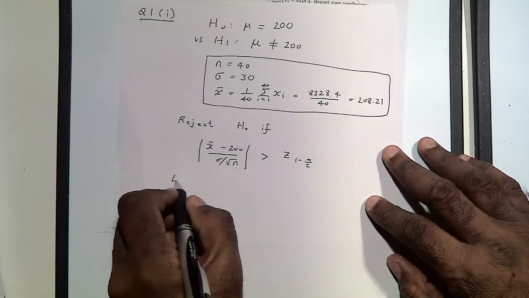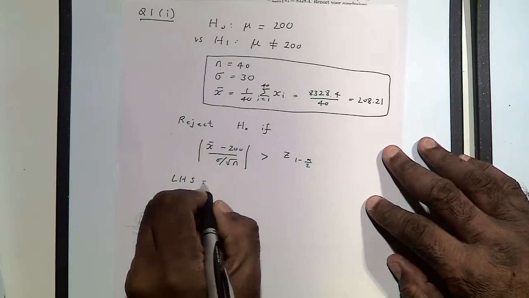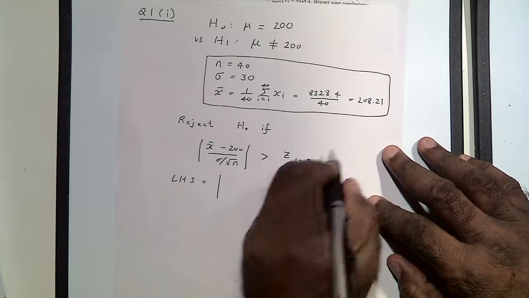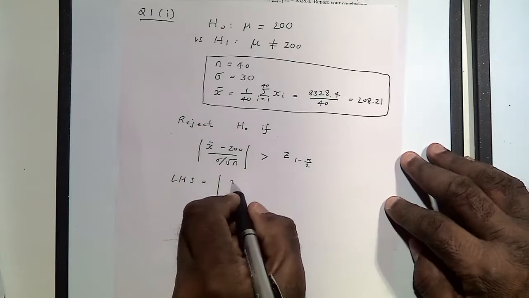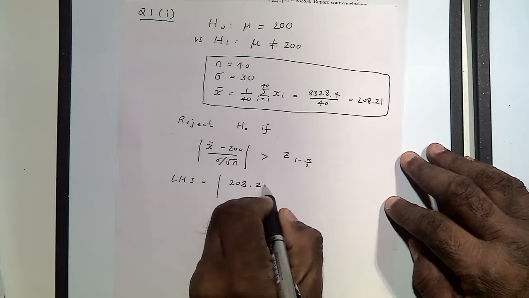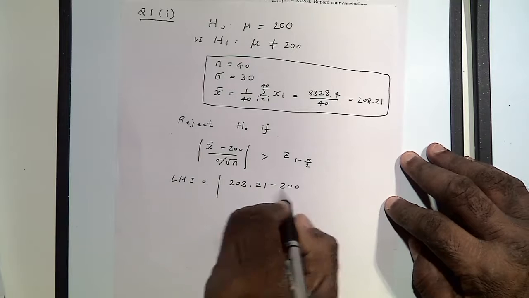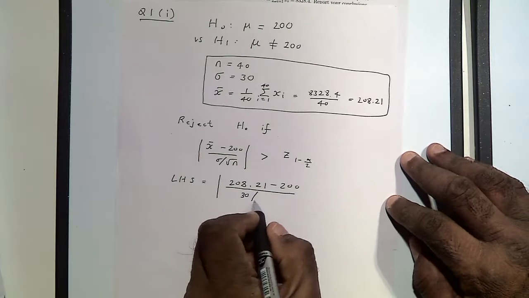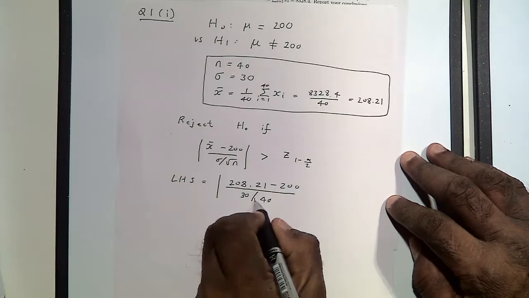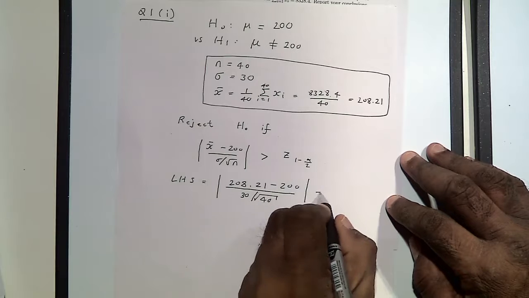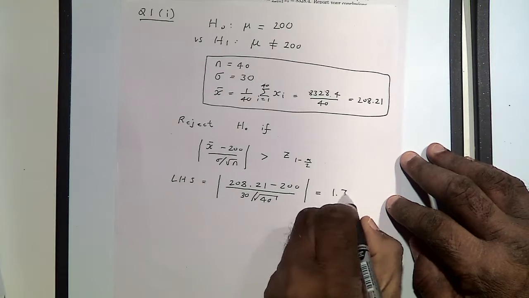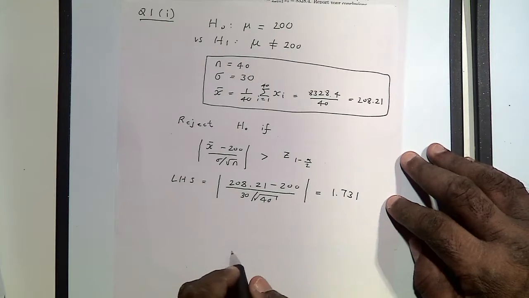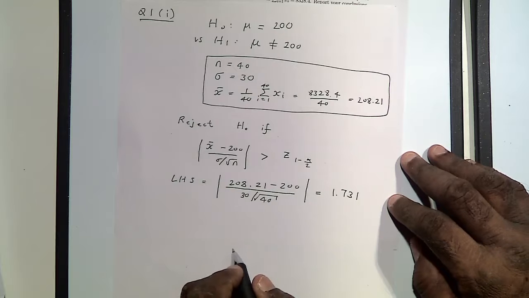Let's start with the left hand side, which is x bar, we just found out, is 208.21 minus 200, sigma is 30, n is 40. If you work this out, this will be 1.731. That's what you get for the left hand side.